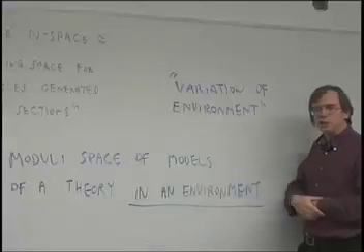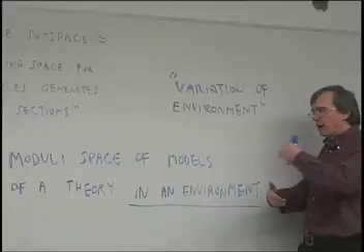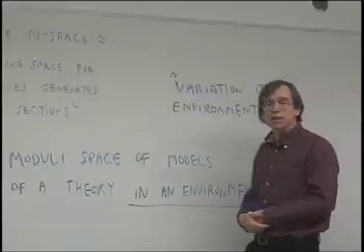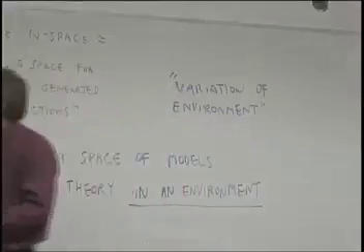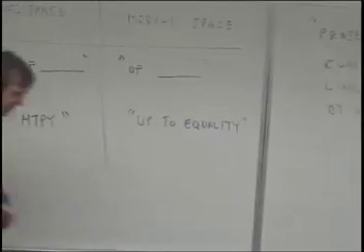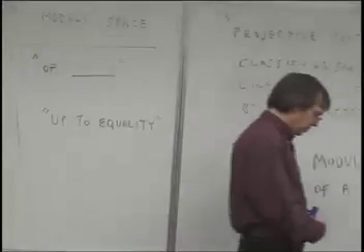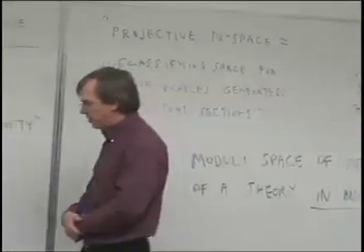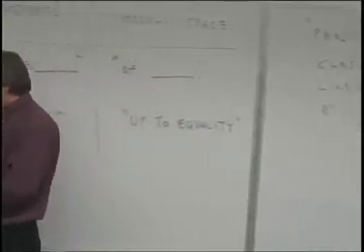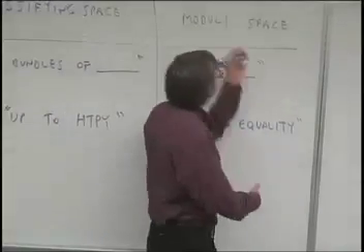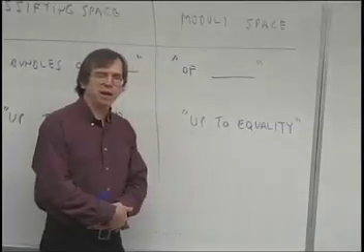And models in such a parameterized world are sort of bundles of models, which are also like continuous maps into moduli space. So that's supposed to be a little bit of help in understanding what the concept of moduli space is about.